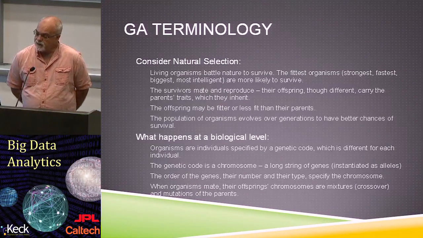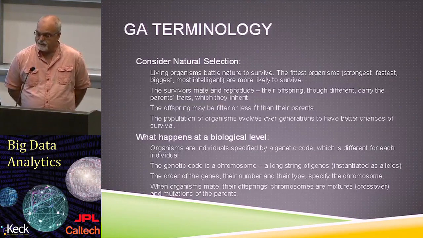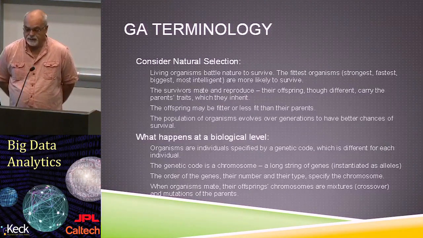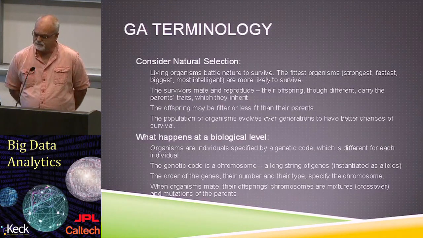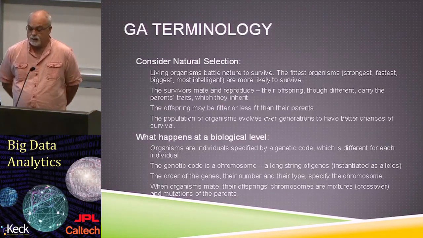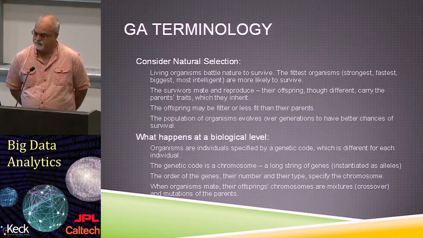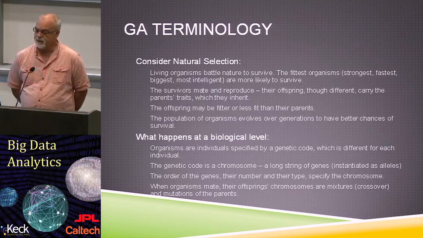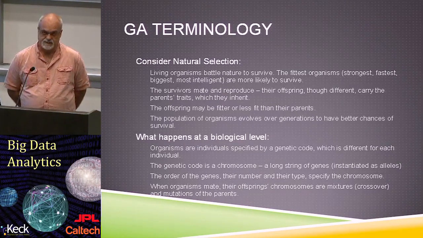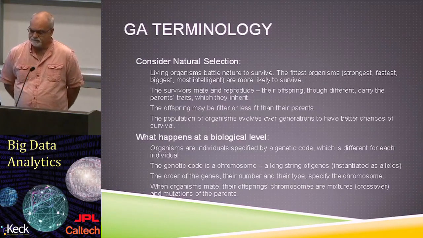The surviving organisms mate and reproduce, and their offspring, though they are different, carry the parents' traits which they inherit. The offspring themselves may be fitter or less fit than their parents. The population of these organisms evolves over many generations to have better chances of survival. And that's the principle of genetic algorithms.